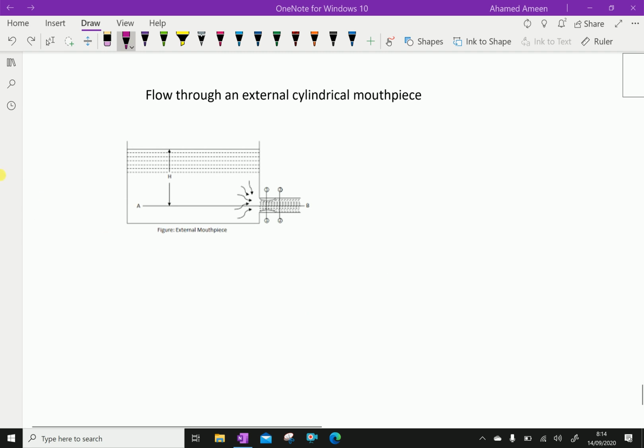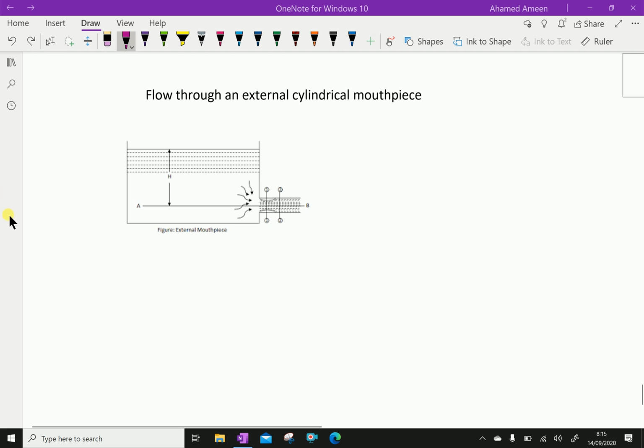Now let us discuss flow through an external cylindrical mouthpiece. Look at this figure.